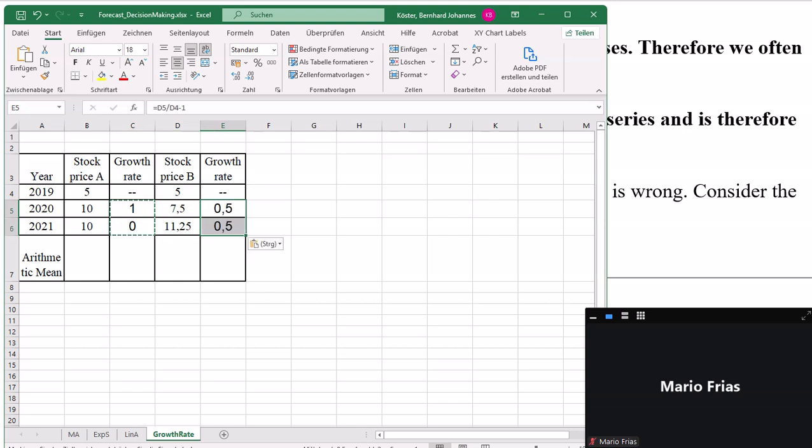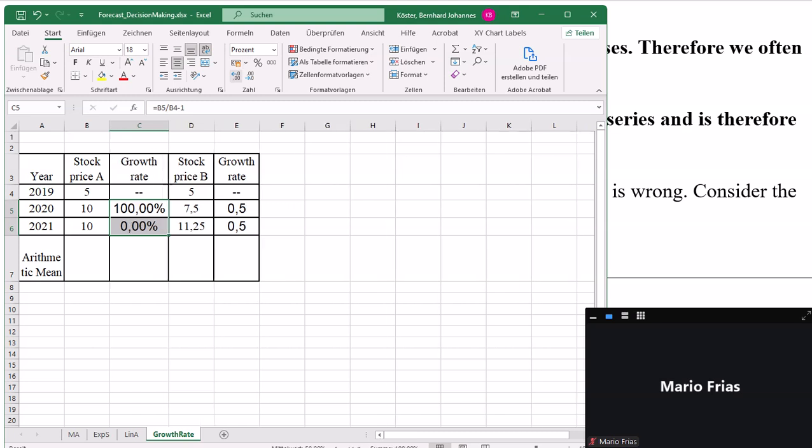This we can copy. Let's reformat this. Oops, percent.